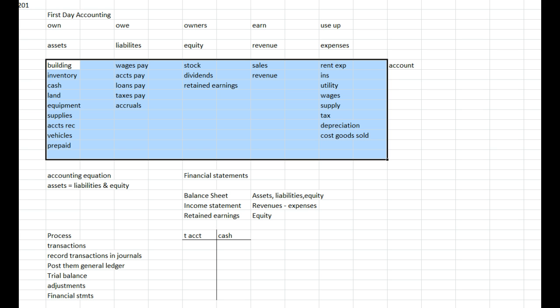Financial statements represent the way accountants actually show things to people. The first one I'll mention is the balance sheet. The balance sheet lists all of the assets, liabilities, and equity of a company.